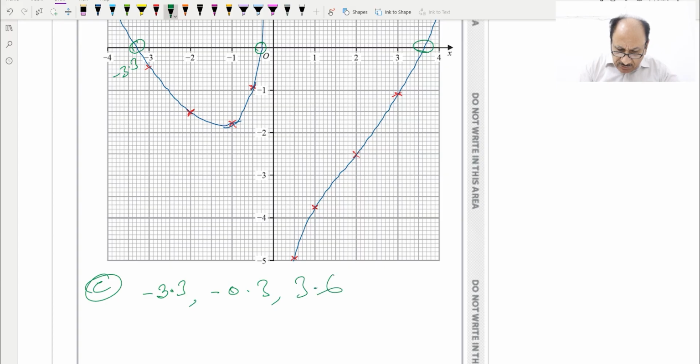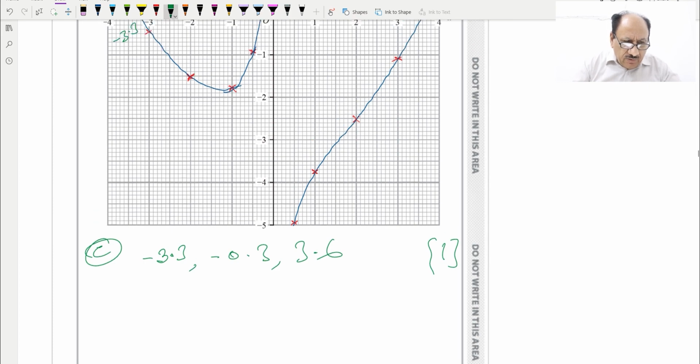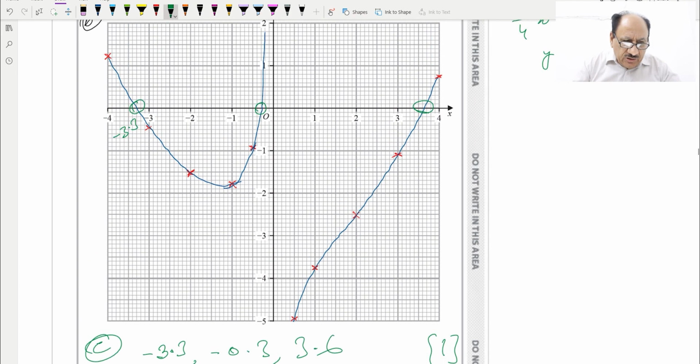So 3.6. These will be the three solutions, and these three solutions are for 1 mark. We have to provide them, just see and check.